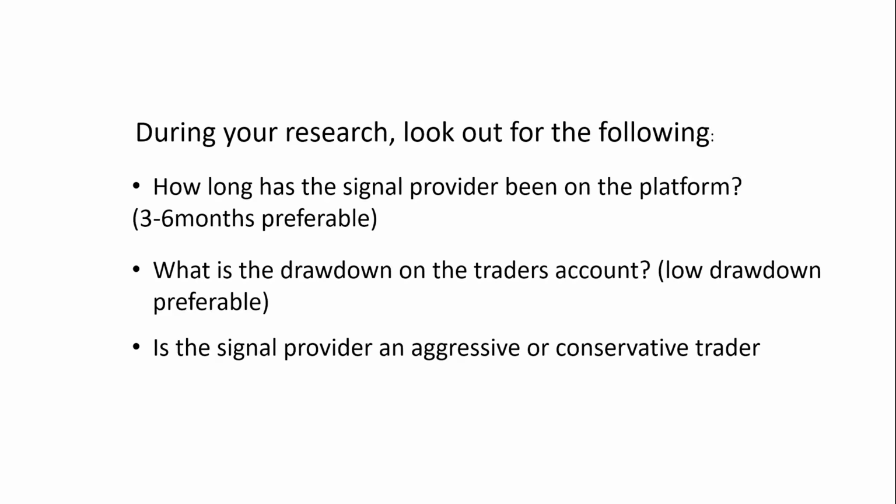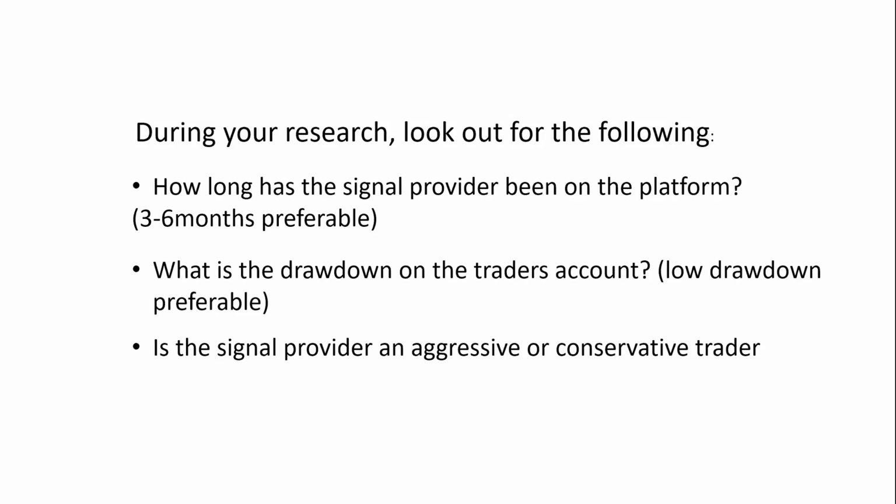Or more? The higher the drawdown, the higher the risk of connecting to certain signal providers. So you want to make sure that this person has a low drawdown. Maybe a 5 or 10% drawdown is still reasonable compared to a 30% drawdown or something higher than that. So you want to check how long the person has been on the platform, the drawdown of that person's trades.